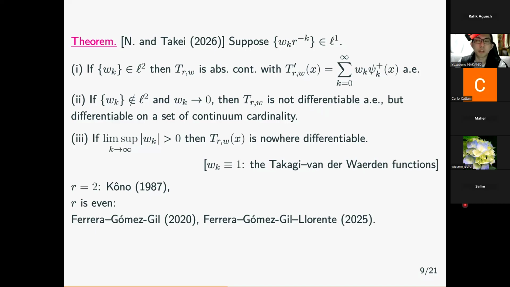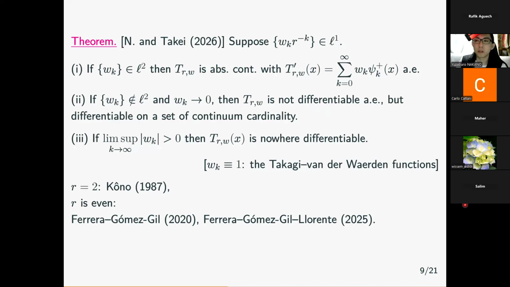As the original Takagi-van der Waerden function is related to the elephant random walk remembering the very recent past, the weighted version of the Takagi-van der Waerden function is also related to a weighted version of the elephant random walk remembering the very recent past.